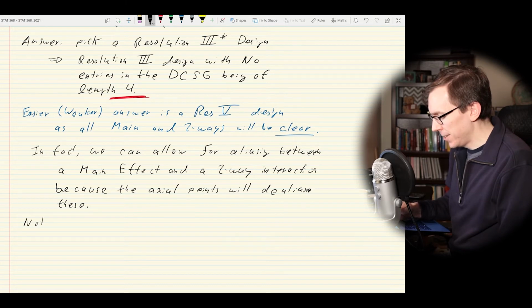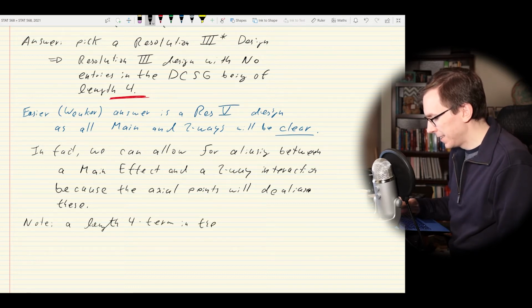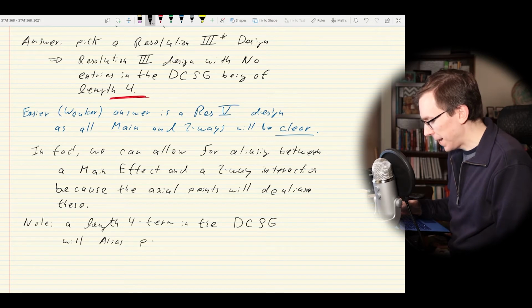And note, a length 4 term in the defining contrast subgroup will alias pairs of two-way interactions.